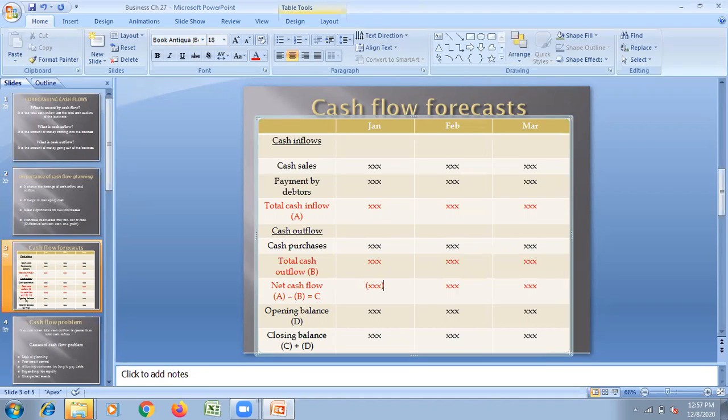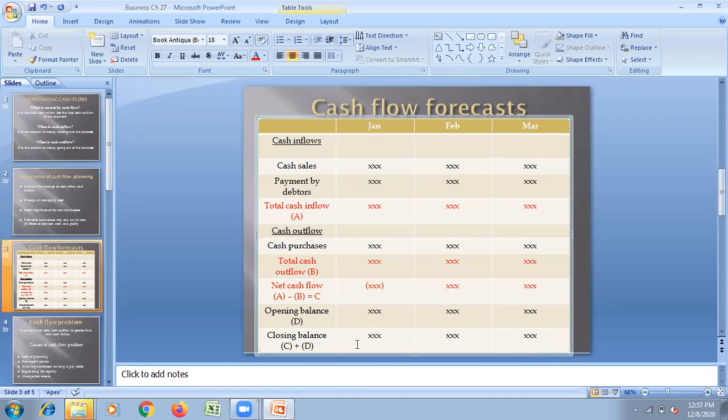Accounting students know about it, so brackets are used. If net cash flow is negative, that means your cash inflow is less than your cash outflow. So you will subtract it from your opening balance, because a negative cannot be added to a positive.